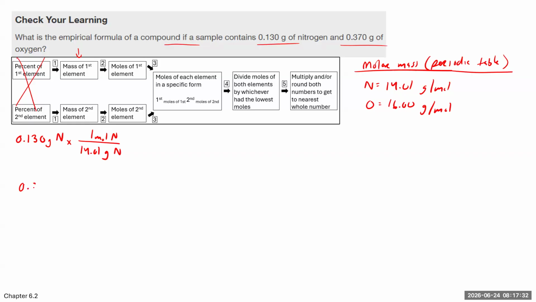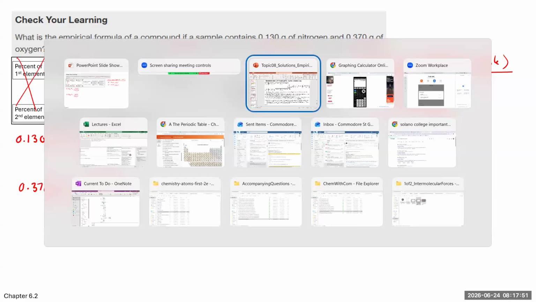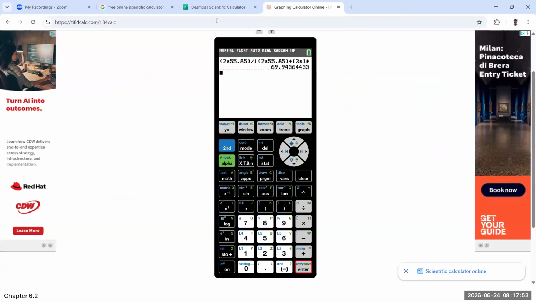Here is 0.370 grams of oxygen, and we have 16.00 grams of oxygen to 1 mole of oxygen. All right, so let's try that. Let's do the math. I'm going to break out our digital online calculator.